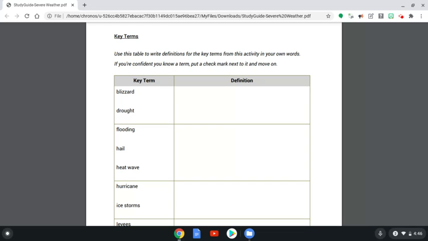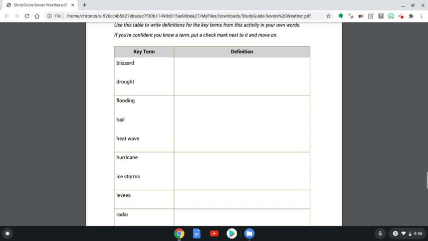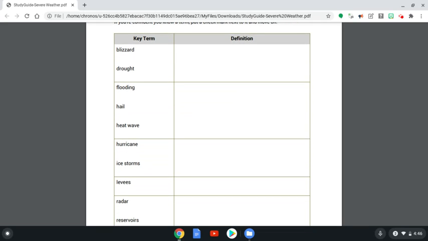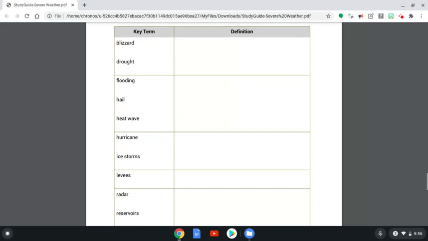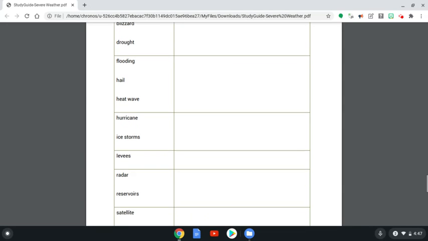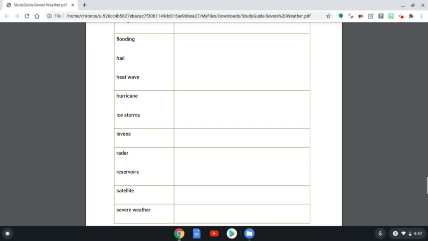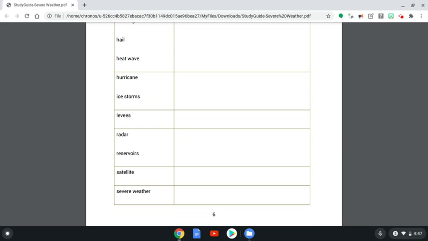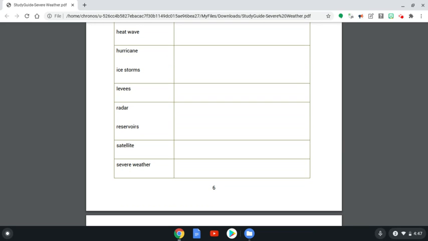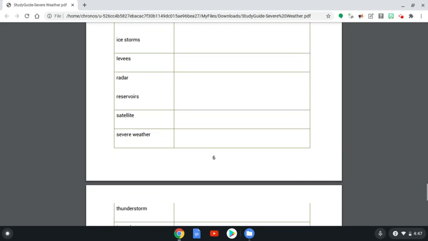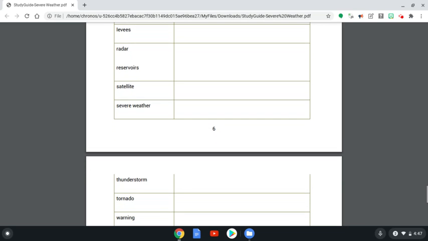Again, you should never drive over a flooded road because flooded roads can actually carry the car into deeper water. Hail is ice pellets that fall, usually with thunderstorms. We talked about a heat wave. We talked about a hurricane. We talked about ice storms. We talked about levees, radar.